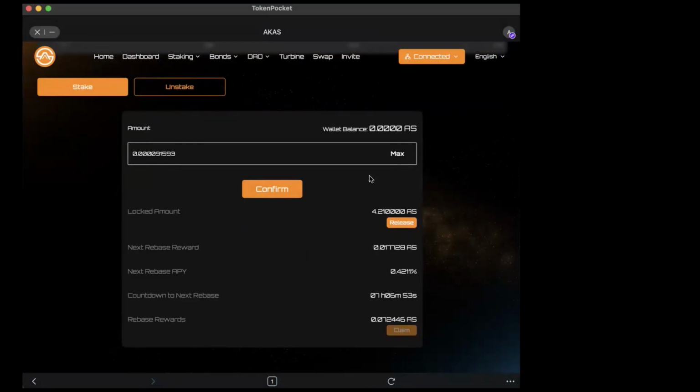Look here, because I have staked for this account about $100. The locked amount you will see is 4.21.